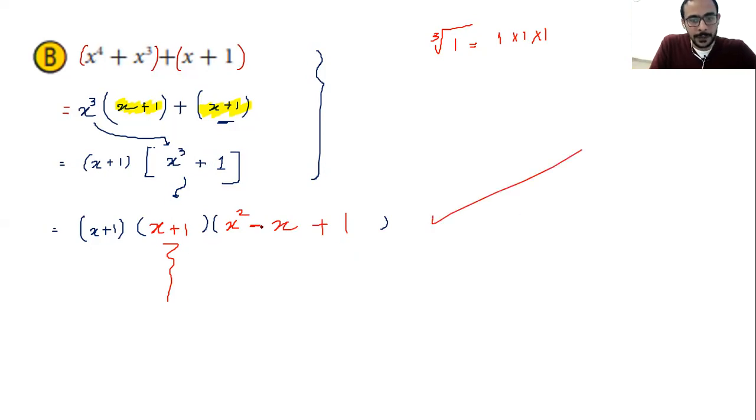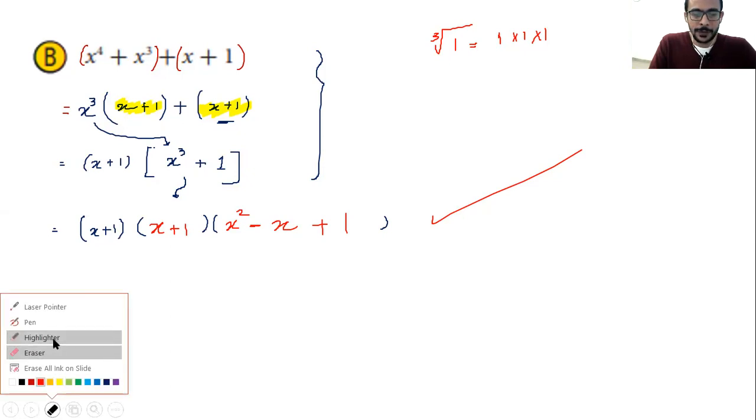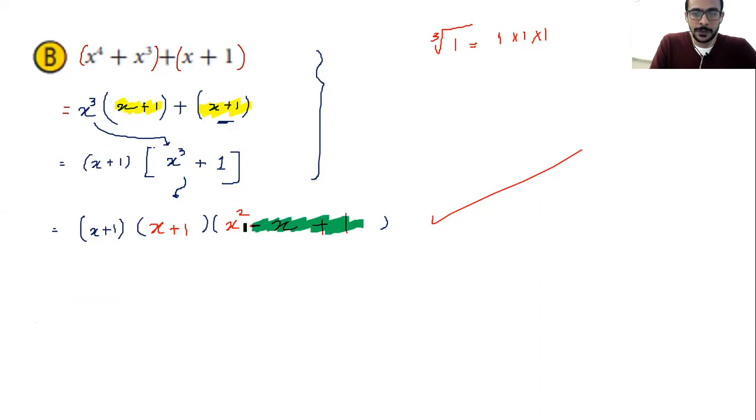That's it. Can we factorize x squared minus x plus 1? Do we have two numbers whose product is 1 and whose sum is negative 1? Do we have the ability to factorize this trinomial, x squared minus x plus 1? Say why, please.